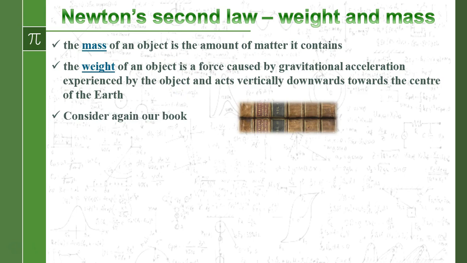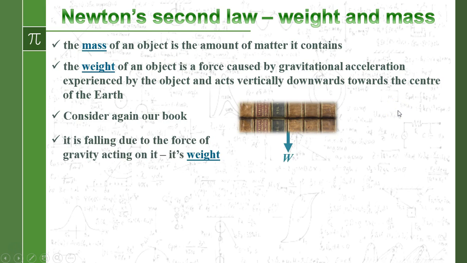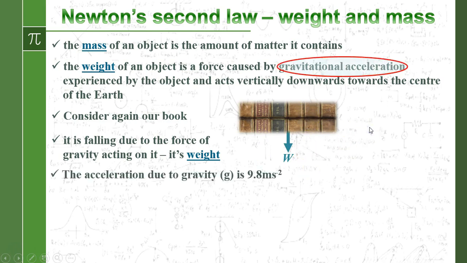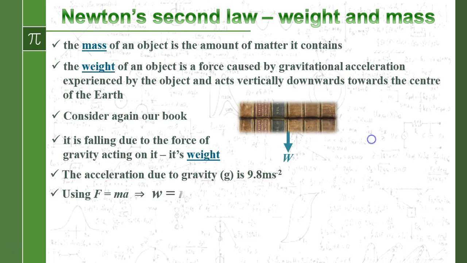So there's our book, and if we consider what's happening, it's falling due to gravity, so its weight is the force that's causing it to accelerate as it falls to Earth, and the acceleration is due to gravity, which is 9.8 meters per second squared. That's a constant value. So if we use force equals mass times acceleration, then weight is mass times gravity.